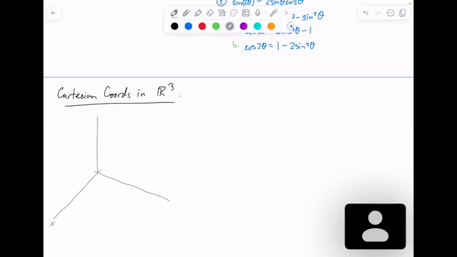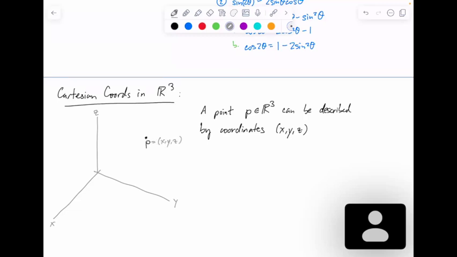So here we are. You have the XY plane, but now you also have a vertical direction Z. Take a point P in R3. I'm sometimes going to use some set notation here. This just means a point inside R3 can be described by coordinates X, Y, and Z. So here's P, and it has coordinates X, Y, and Z. As you might have guessed, Z is based on how high up you are.